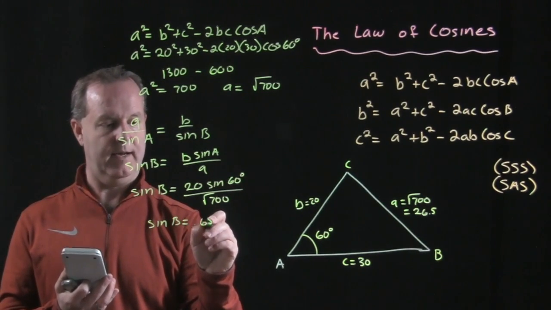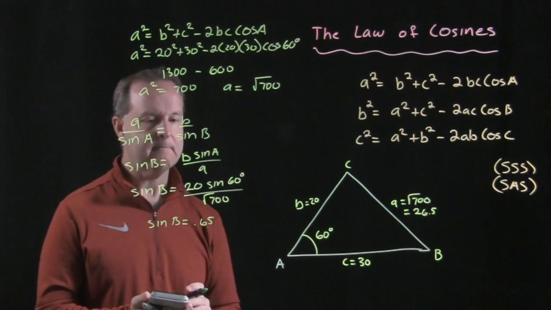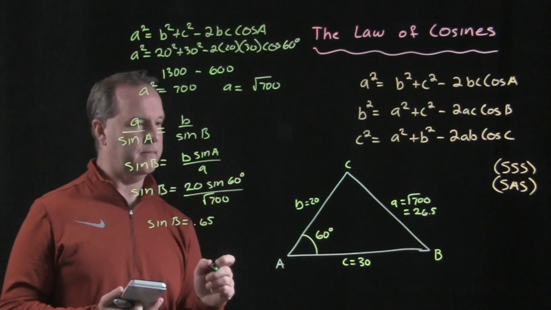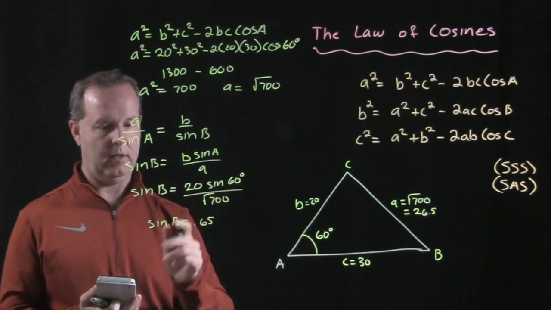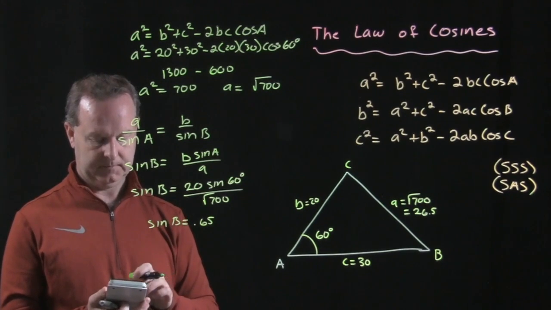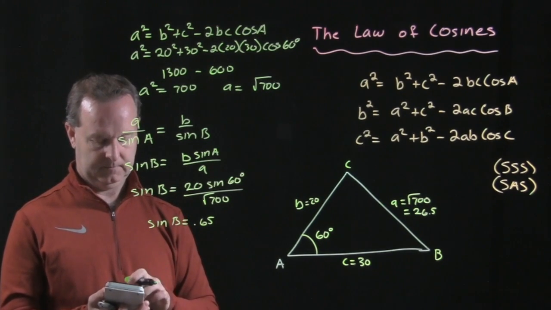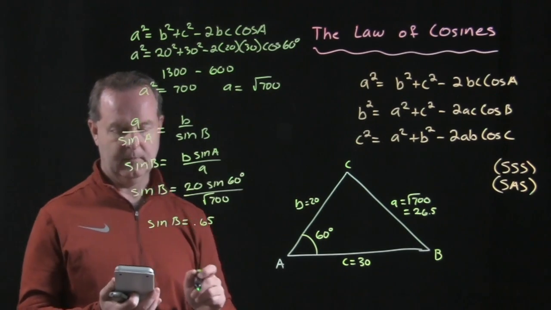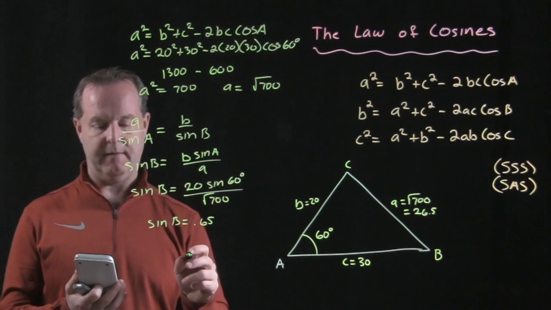I'll go with 0.65. We know there are two angles that are involved with that. And so let's solve for B. So take the inverse sine, and that equals 40.54 degrees.